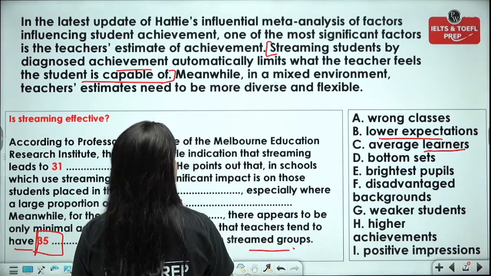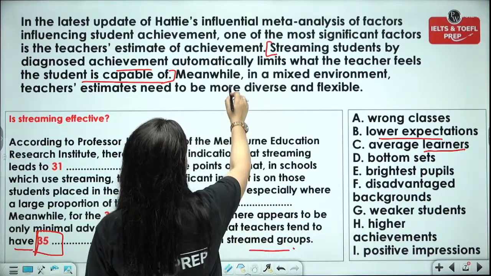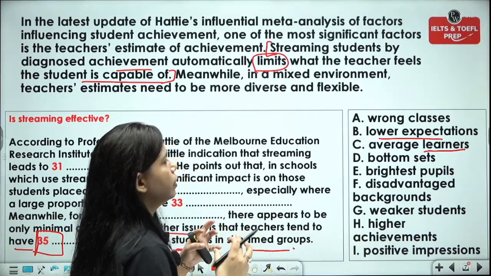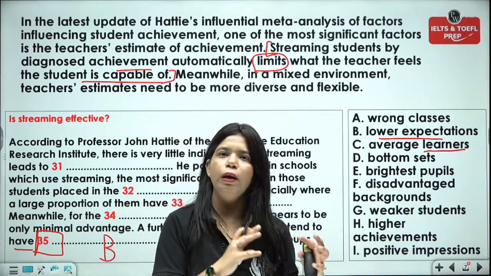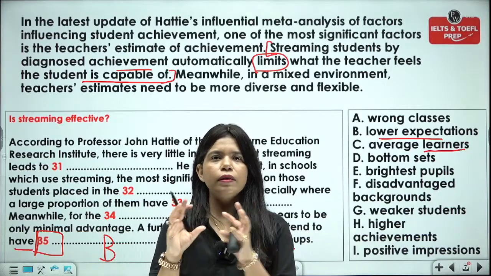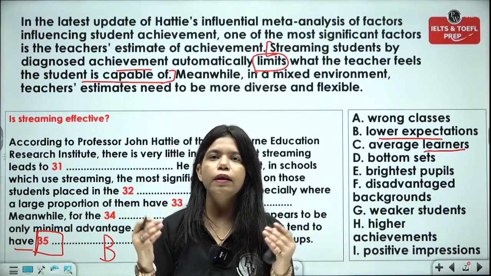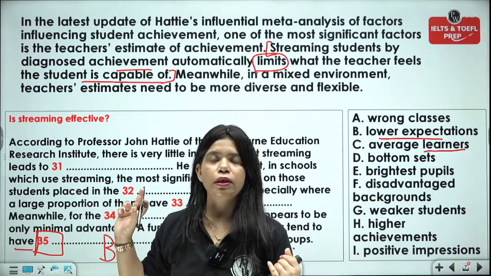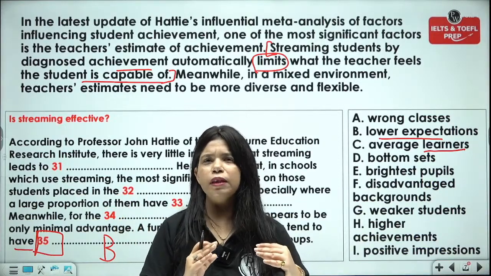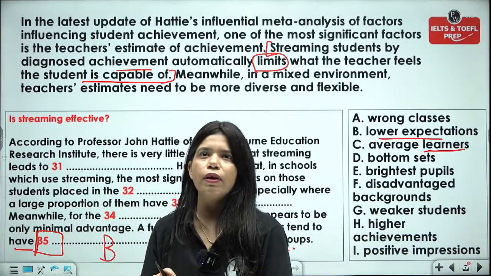Streaming students by diagnosed achievement automatically limits the expectations of the teacher. The teacher now knows that this is a below average student and this student will perform in a certain way. So automatically the expectations of the teachers in this kind of system where streaming is done becomes limited, goes down, and that is why lower expectations is our answer.